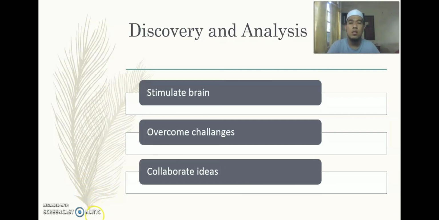And the last one is discovery and analysis. The right question should be posed to stimulate critical thinking and drive the need to find knowledge. So we, student or not, must gain knowledge day by day, because knowledge is very important.